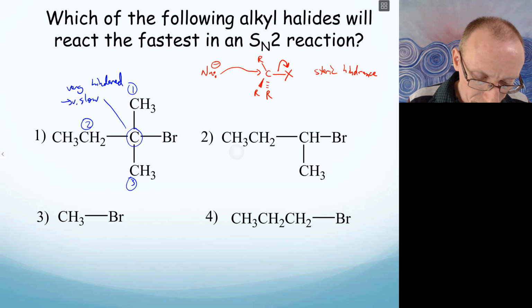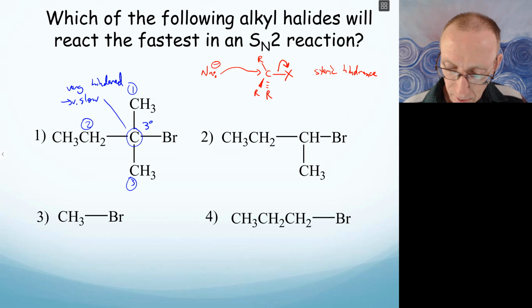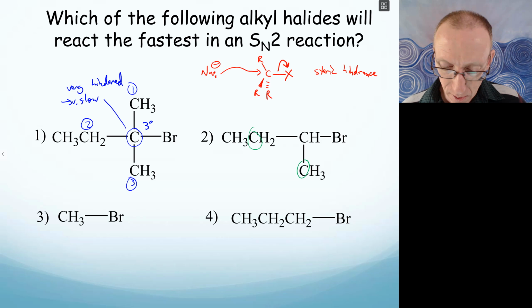So that we could label this one as being a tertiary alkyl halide. Now, if we look at the next one along, we've got 1, 2 alkyl groups and 1 hydrogen. So this is a secondary alkyl halide. So it's going to be, let's just call it slow.